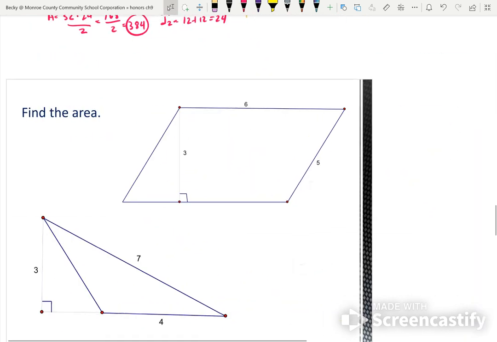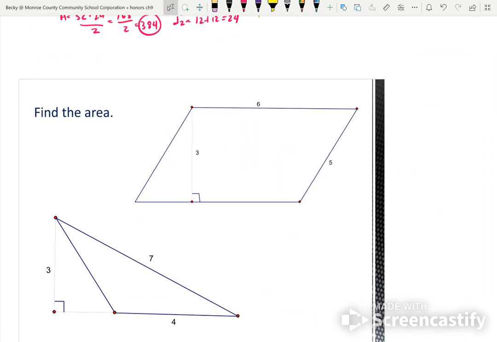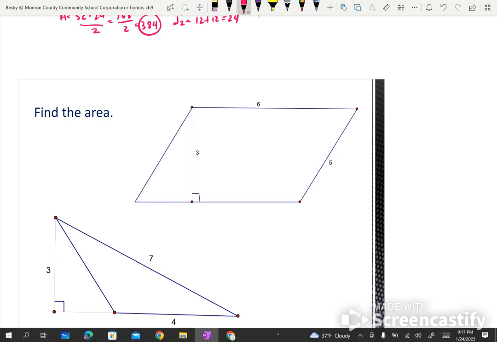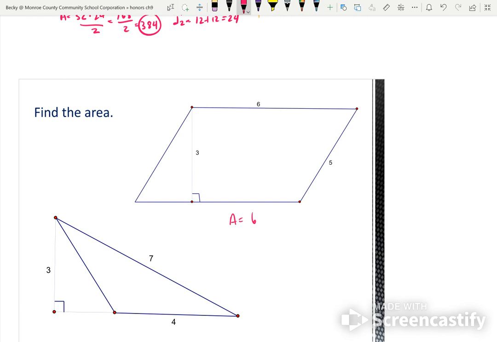Okay, so here are some I would like for you to try. You can pause the video and just try it. For time's sake, I'm going to keep going because I am limited on the length of my video. This is my base, this is my height, so my answer is 18.